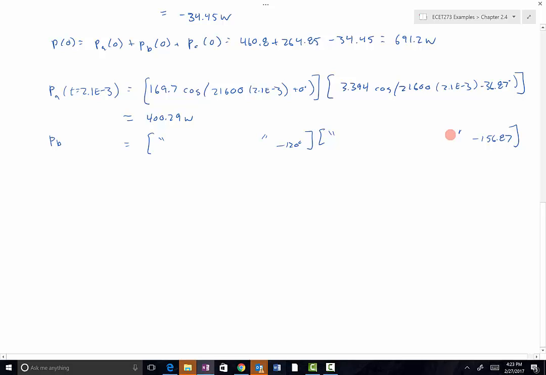And we do that, and we get negative 55.94 watts. And then we repeat the calculation for P of C at t equals 2.1 milliseconds. And if we were to plug all those numbers in, the correct phase shift and everything, we'll get 492.32 watts.